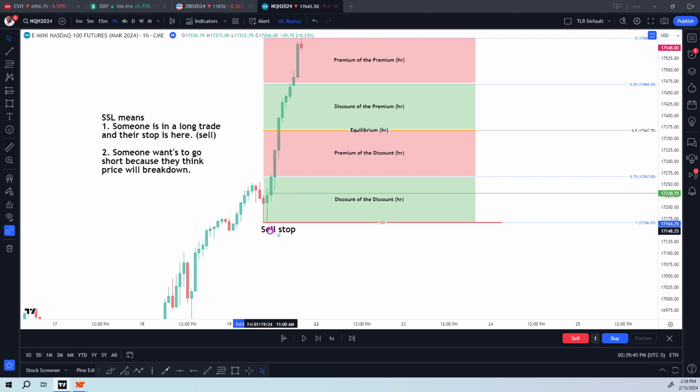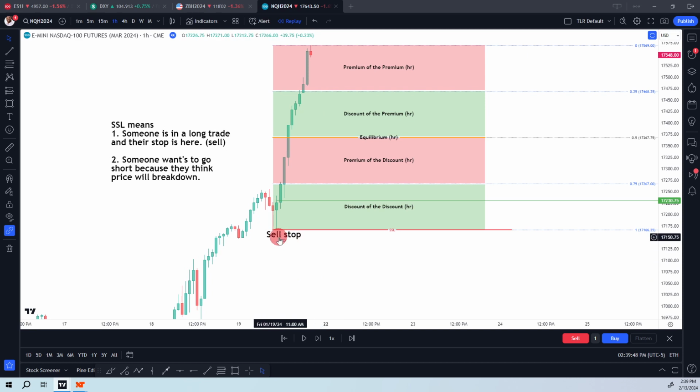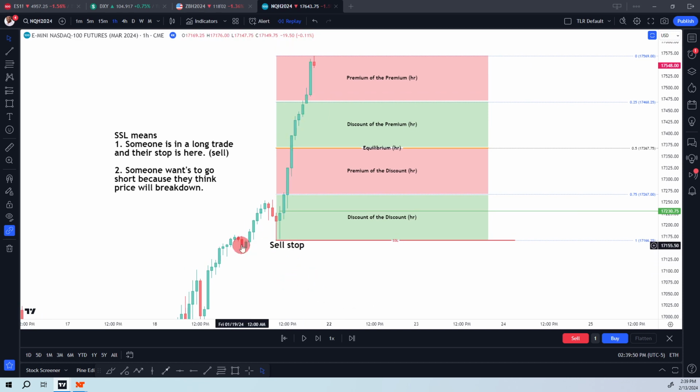So you got sell stops sitting right here, because you're not in the trade yet and you want to get short. So when the market comes down, it's gonna pick me up right there.